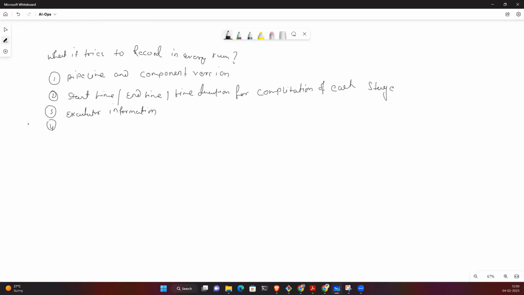Number five, parameters used or passed to the pipeline.